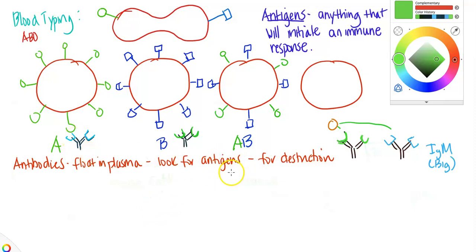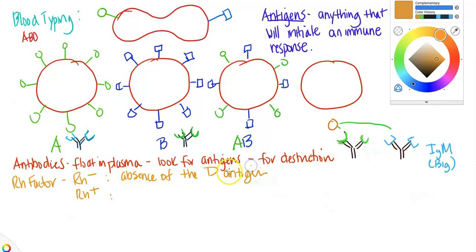Okay. There's another aspect to the antigens, and it is what we call Rh factor. So people are either Rh negative or Rh positive. If you're negative, then you don't have the Rh factor antigen, which is called the D antigen. So it's the absence of the D antigen.